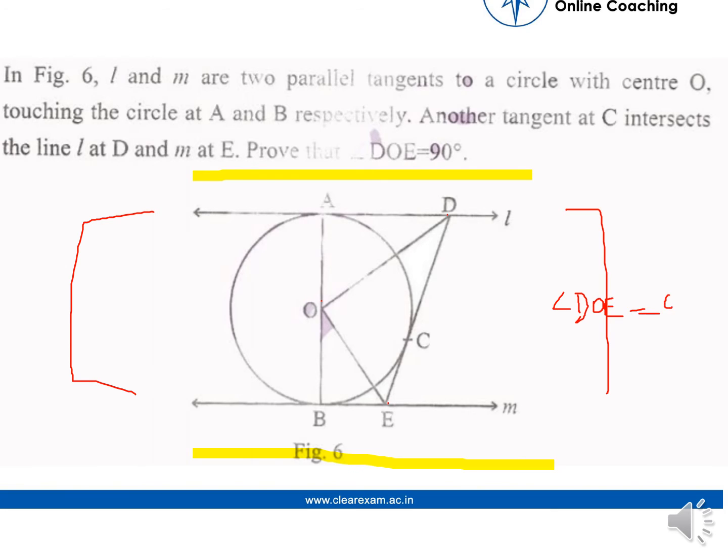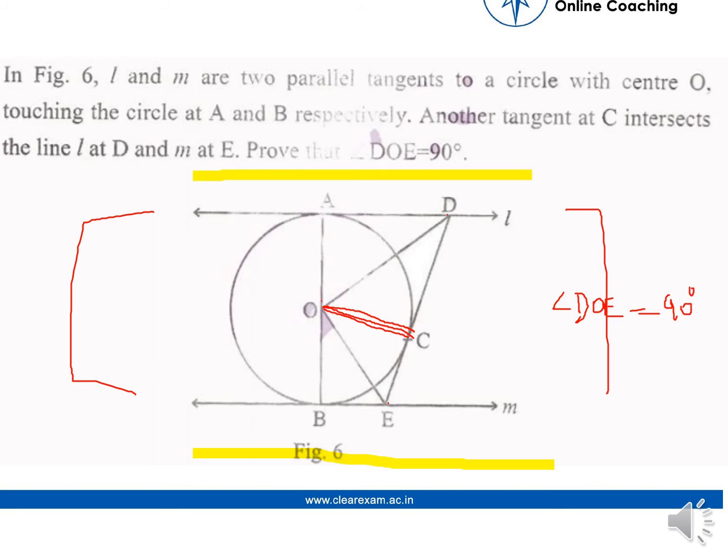We have three tangents passing through this circle and we need to prove this angle is 90 degrees. In order to do that, we need to do some constructions. We join O to C, implementing a perpendicular through the center of the circle to this tangent.